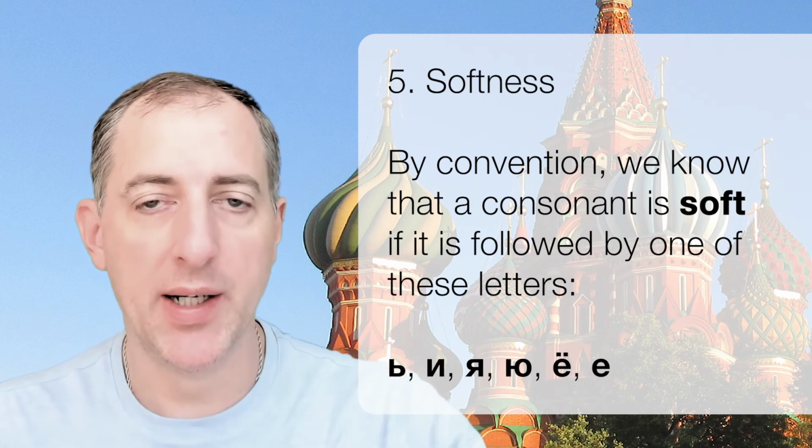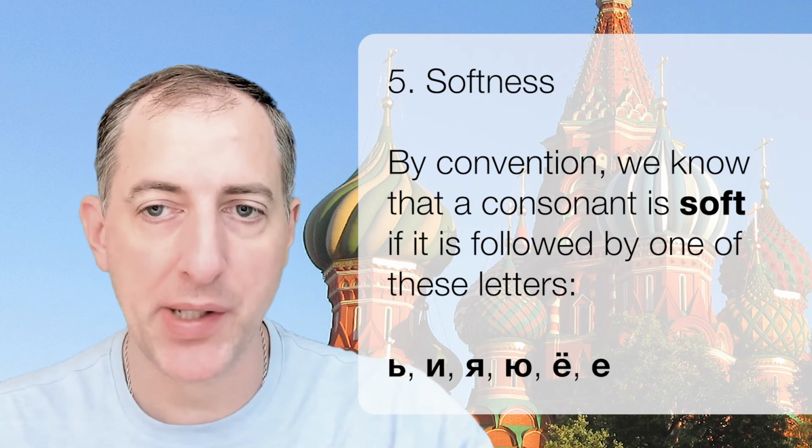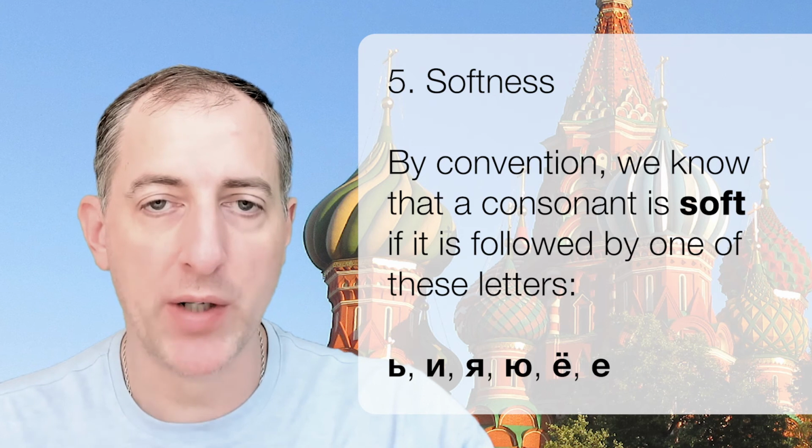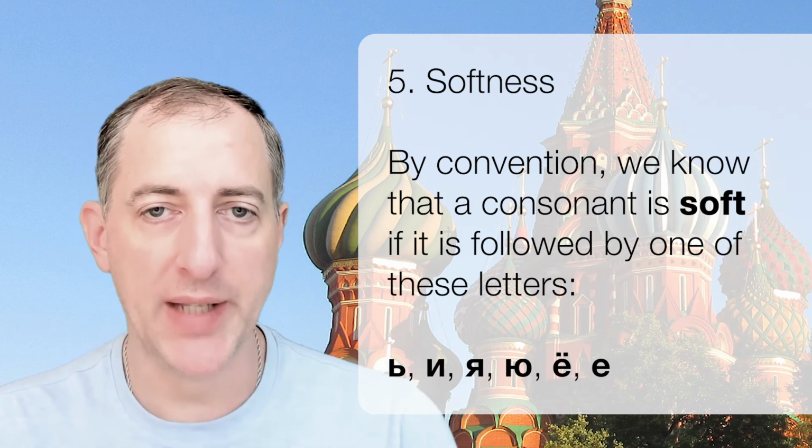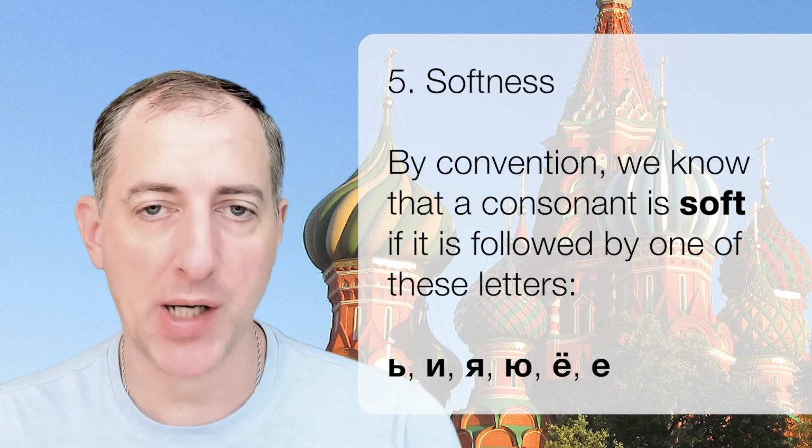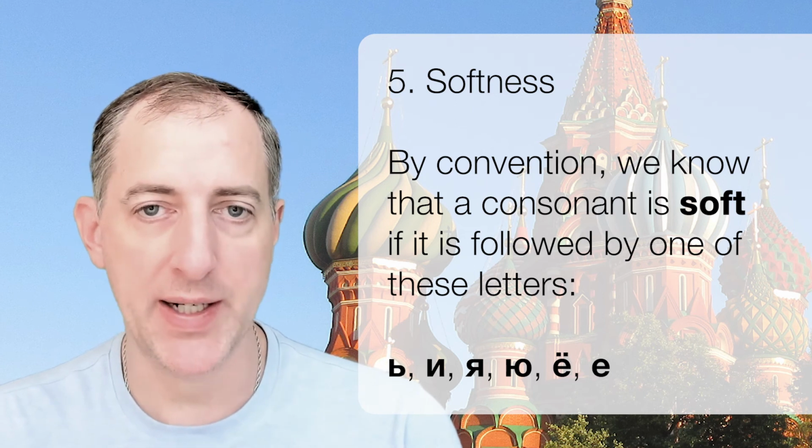Okay, so anyway, we're going to go through some examples here. Before we do, there's one really important thing to review, and that is, how do we know that we have a soft T versus a hard T?